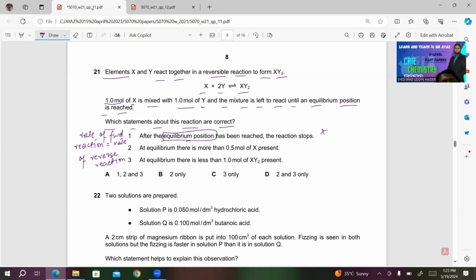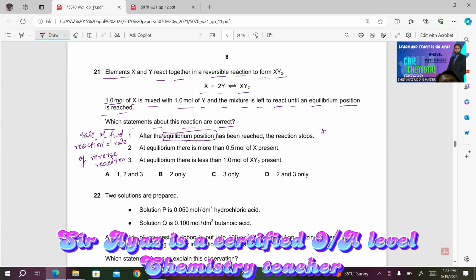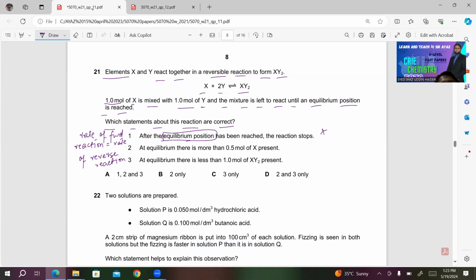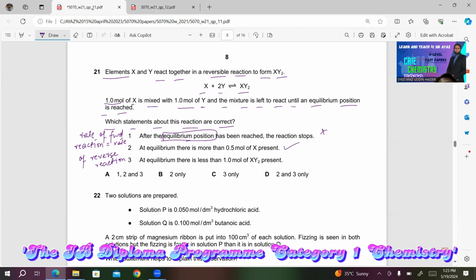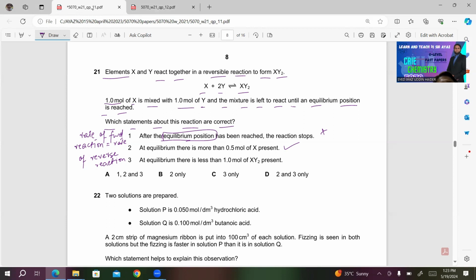Number 2, at equilibrium, there is more than 0.5 mole of X present. So 1 mole of X is mixed with 1 mole of Y. They are saying there will be more than 0.5 mole of X, because at equilibrium, the concentration becomes constant, which means they are no longer changing. So this must be the right statement. Number 3, at equilibrium, there is less than 1 mole of XY2 present.